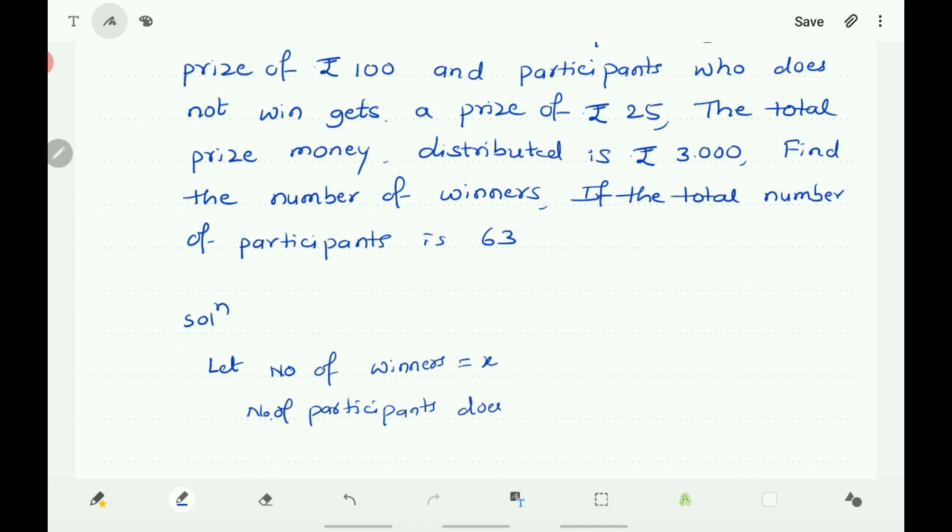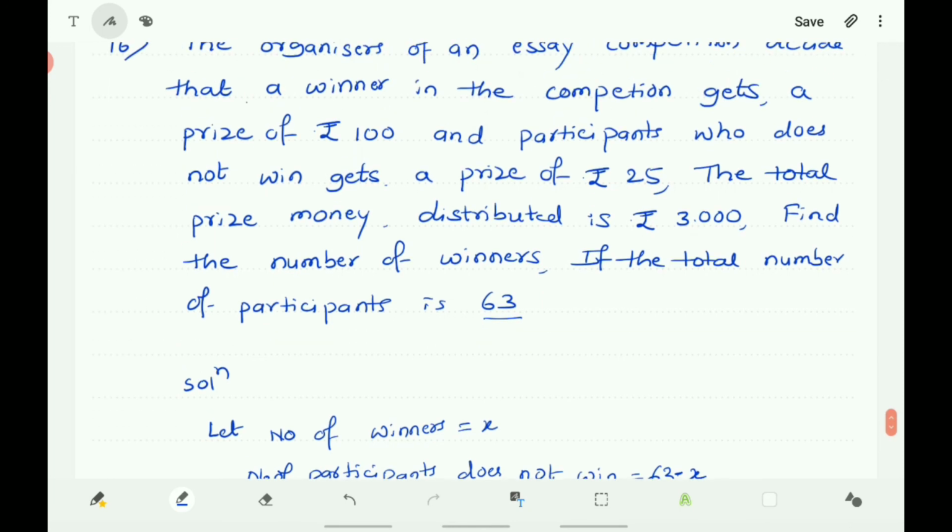How much does it become? There are 63 participants in total. X is the number of winners, so the number of participants who do not win is 63 minus x. The remaining become the losers here.